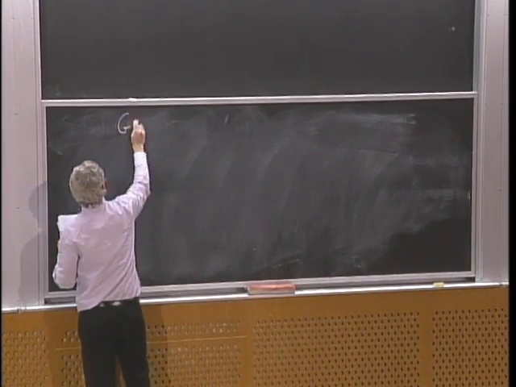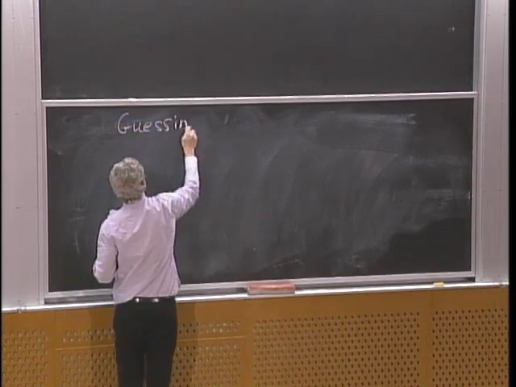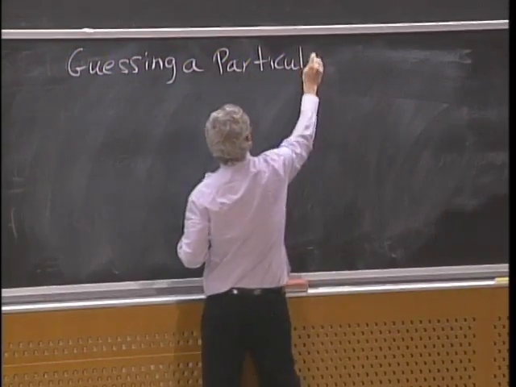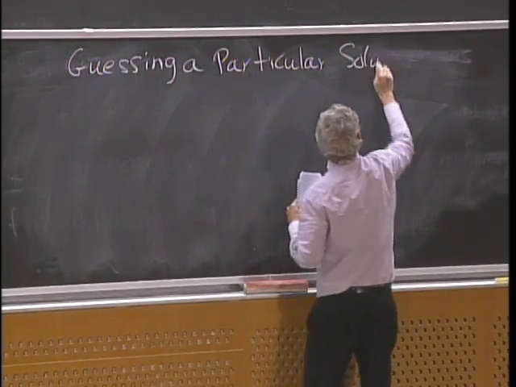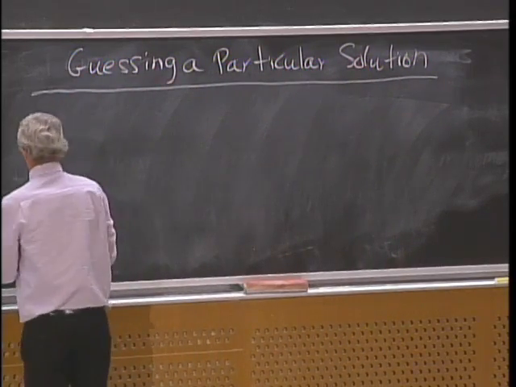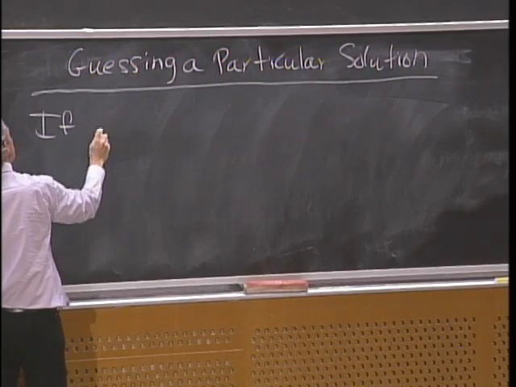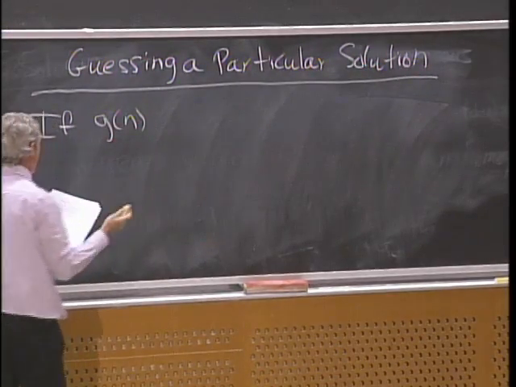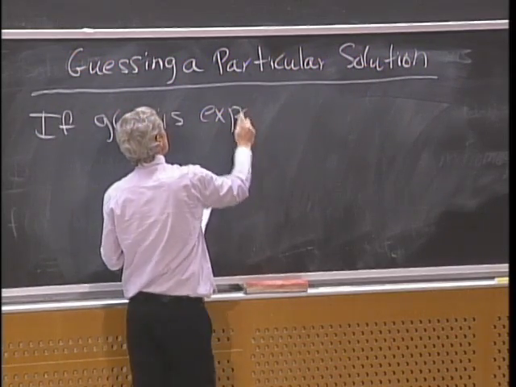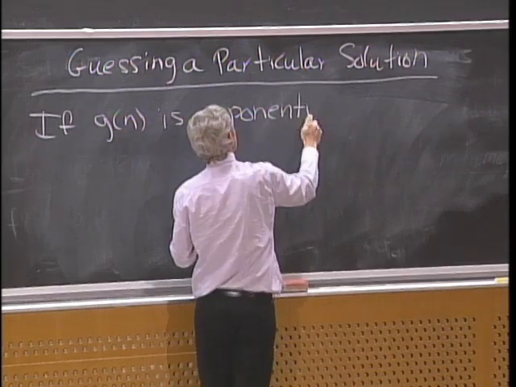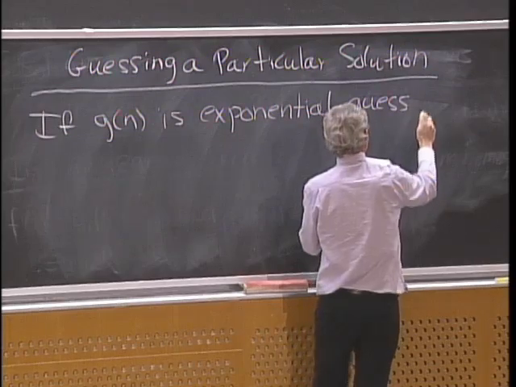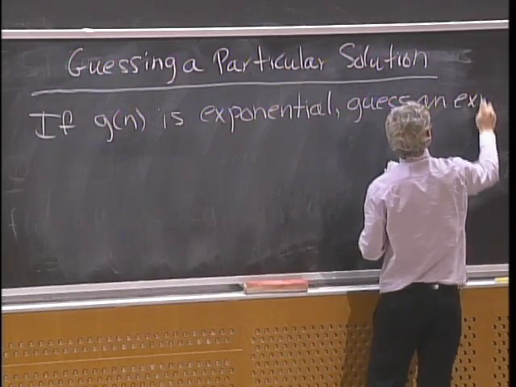All right, so guessing a particular solution. If G, that thing that's the non-homogeneous part, is exponential, you should try guessing an exponential of the same type.